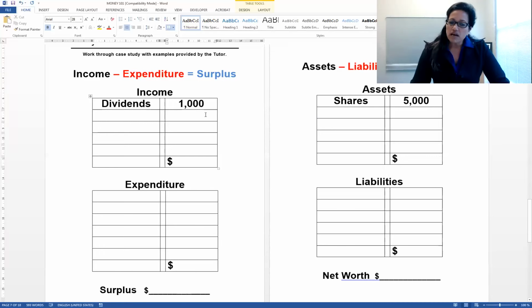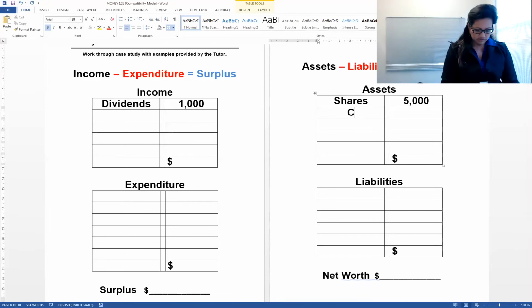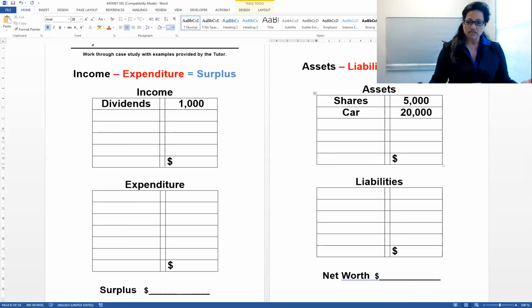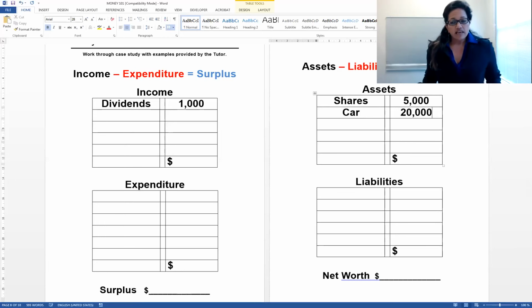She also has a car, and it's worth $20,000. So let's put the car in. That's the value of the car at this particular time, $20,000. In order to get the car, she was lucky enough that her mum gave her a loan of $5,000.